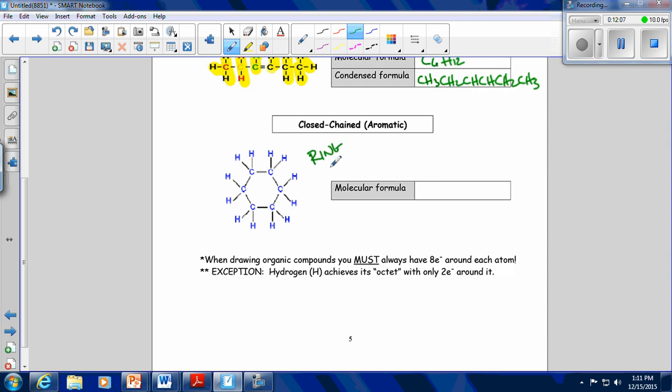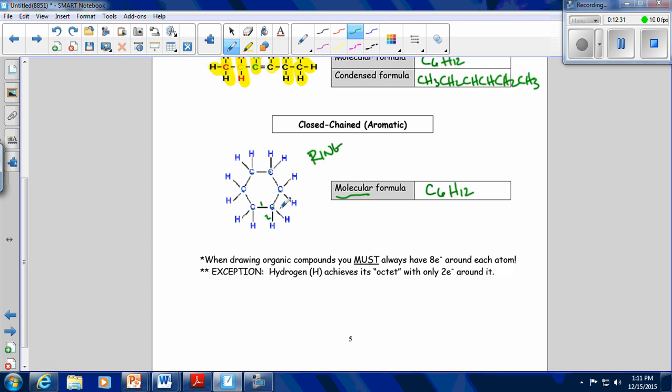Same deal. Count up the number of carbons. 6 carbons. Take care of the hydrogens: 1, 2, 3, 4, 5, 6, 7, 8, 9, 10, 11, 12. As you can see, each carbon has 1, 2, 3, 4 bonds.